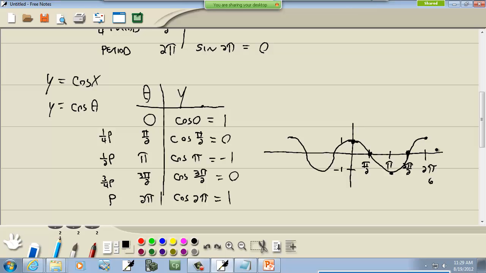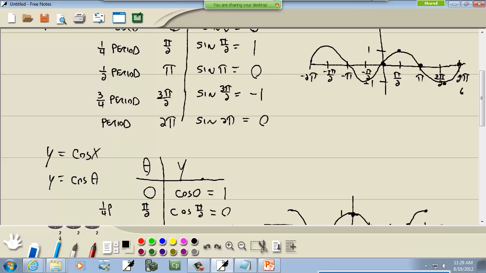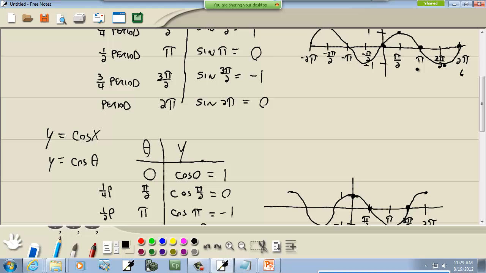Now, if you look at my graph, you see that they look almost the same, don't they? It's just shifted. There's actually a formula for this, that sine x is equal to cosine of x minus pi over 2.